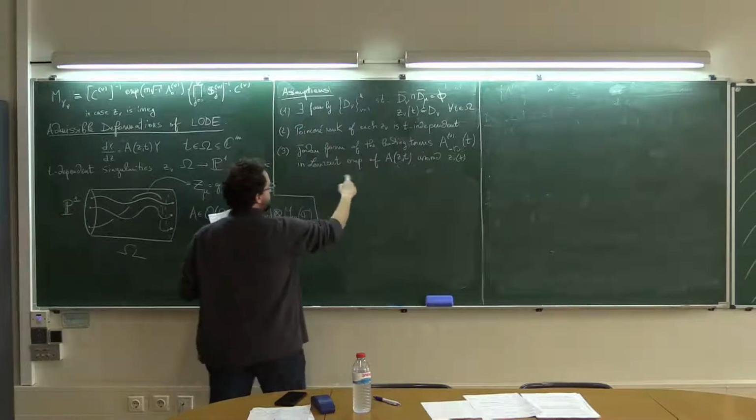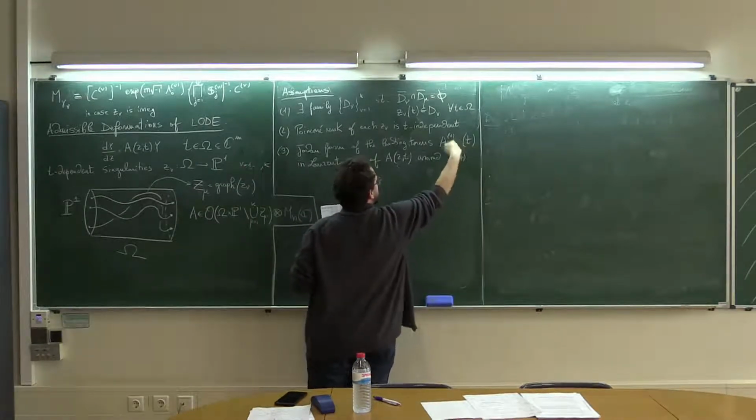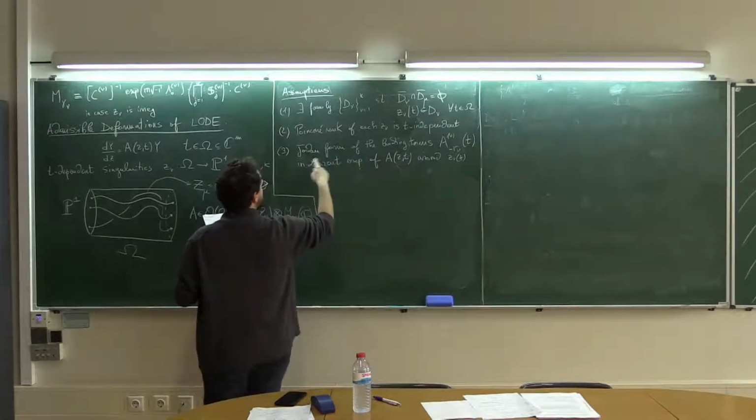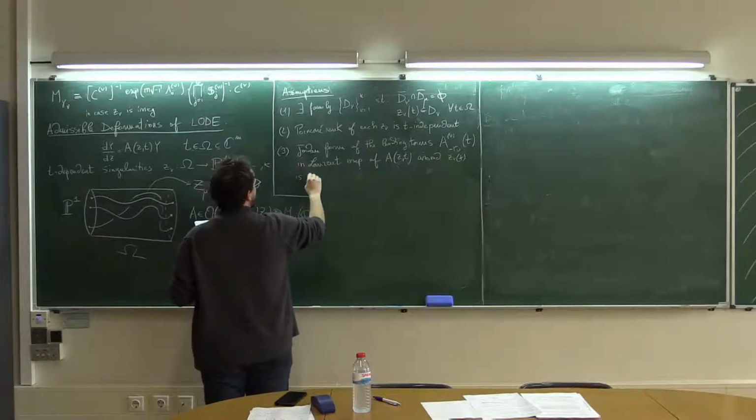So you take the coefficient, you consider the Laurent expansion at these singularities, it will have a leading term, and I assume that this Jordan form is t independent.